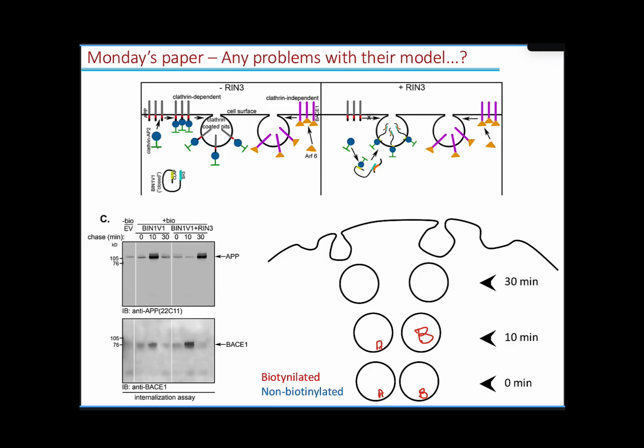So 30 minutes later, you'll have very little of biotinylated base inside of these molecules because most of it has been internalized already, and now a lot of that delayed APP. So when it comes to biotinylated molecules, I totally agree. The biotinylated base never encounters the biotinylated APP.